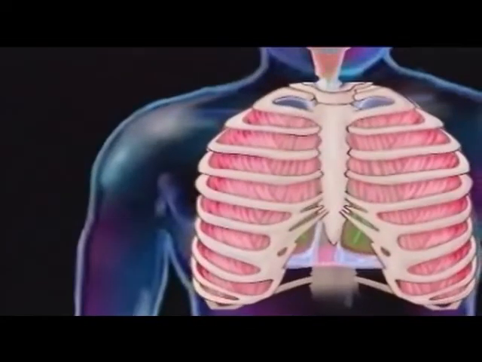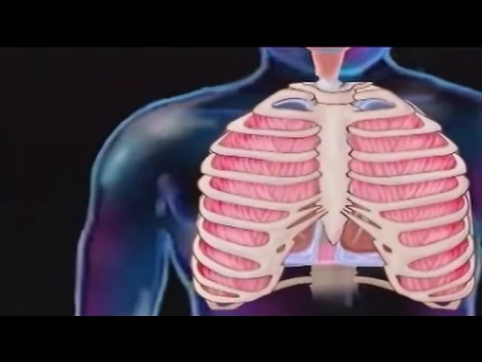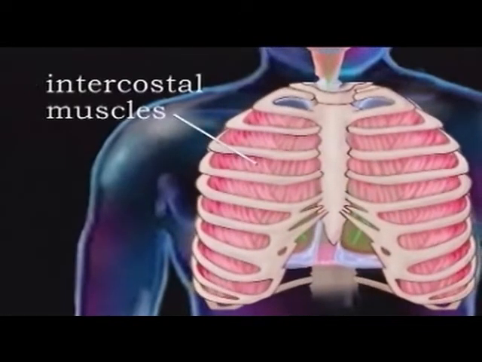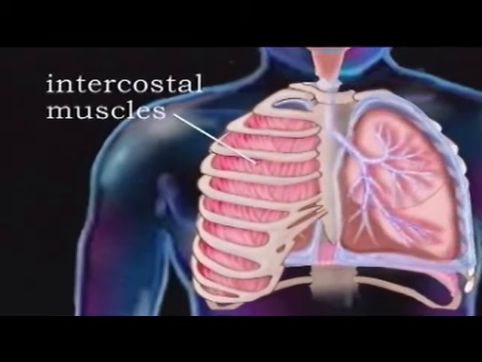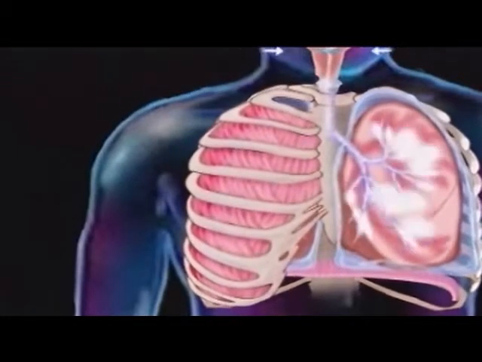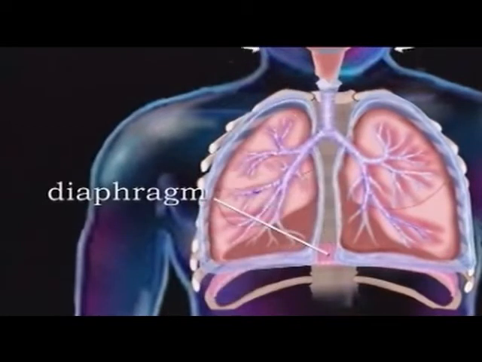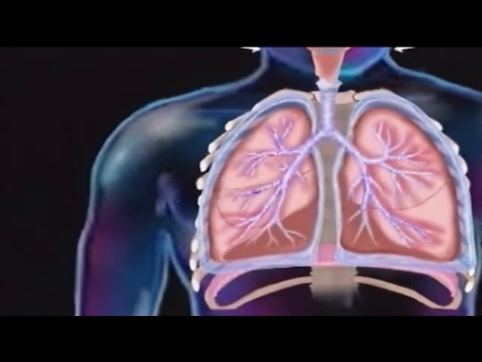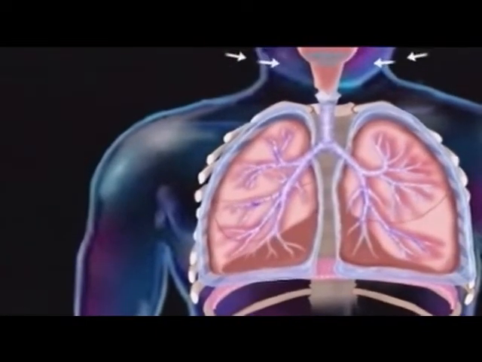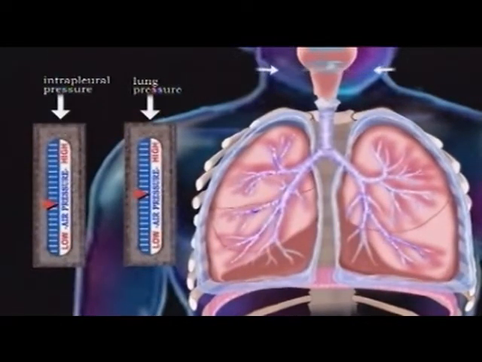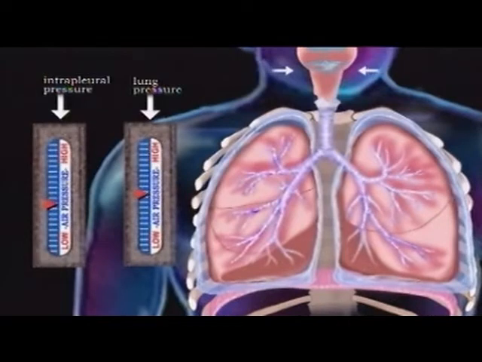During inspiration, that is, when we inhale, muscles attached to the chest wall, called intercostal muscles, and a wall of muscle that separates the thoracic cavity from the abdominal cavity, called the diaphragm, contract. This contraction enlarges the thoracic cavity, and as it expands, the pleural cavity also expands.